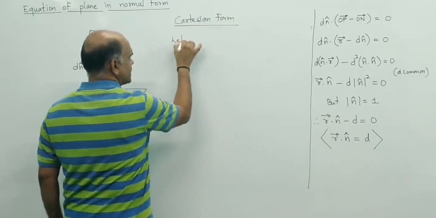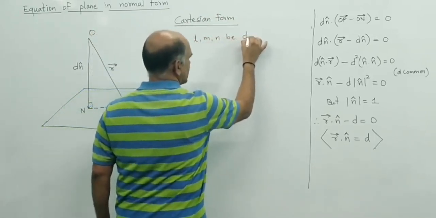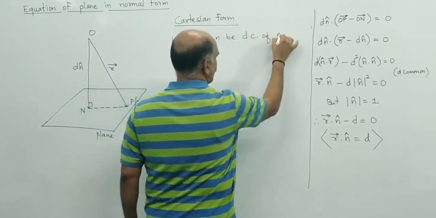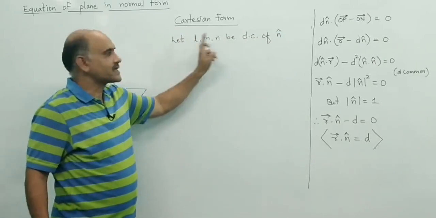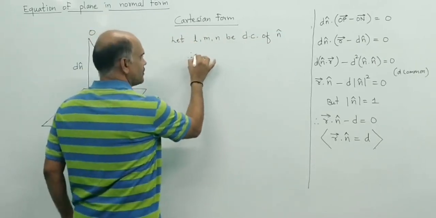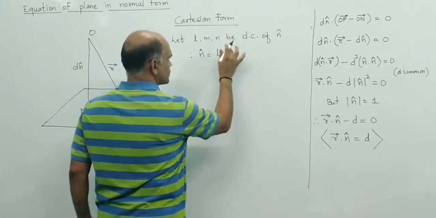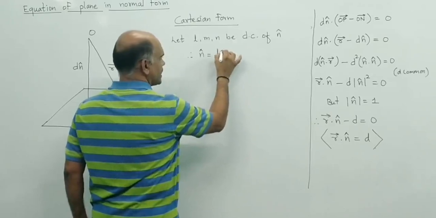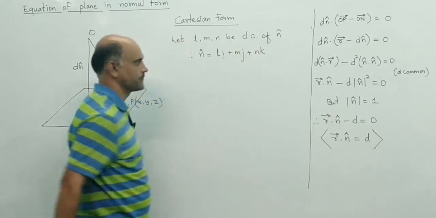Let l, m, n be the direction cosines of n cap. So the direction cosines of the unit vector I will take as l, m, n. Therefore n cap is equal to li plus mj plus nk.